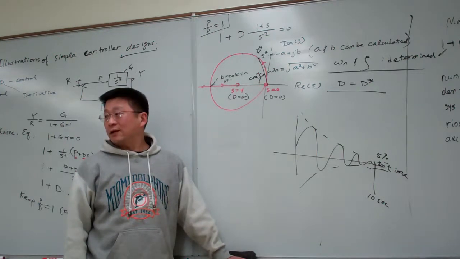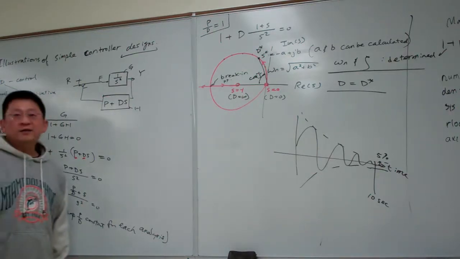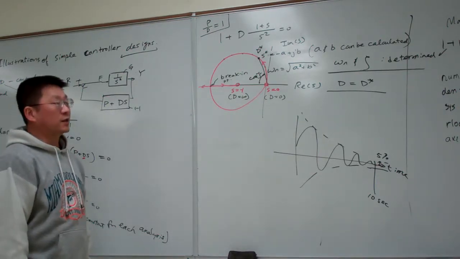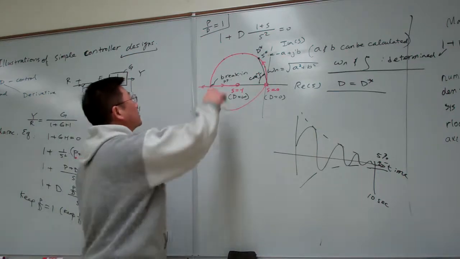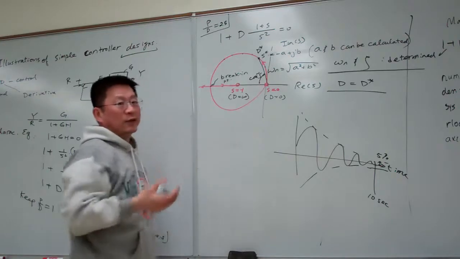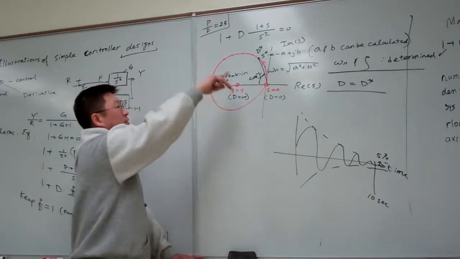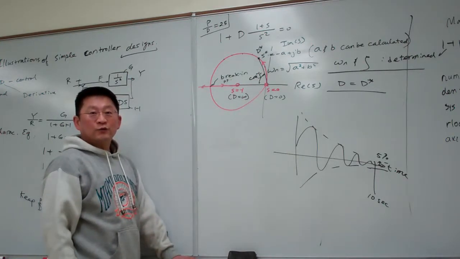Good? Okay. For this scenario, if you aren't able to find satisfactory dynamics, then what happens? Then you simply change this one, say for example to 2.5, just make up one number. Under that new scenario, you would have a different root loci, right?